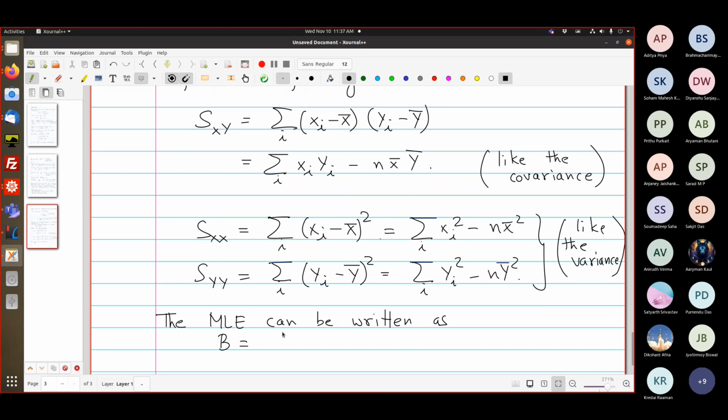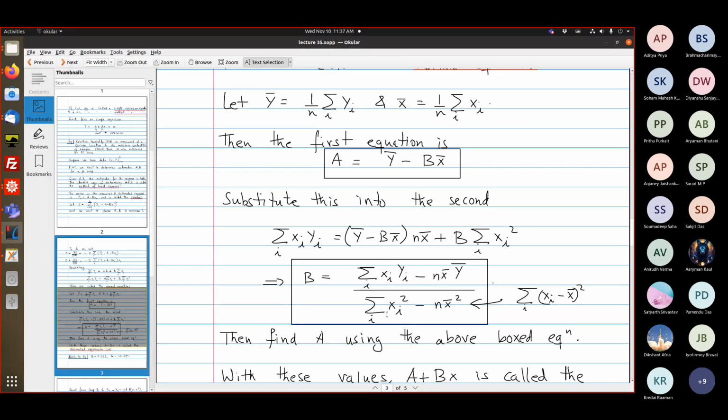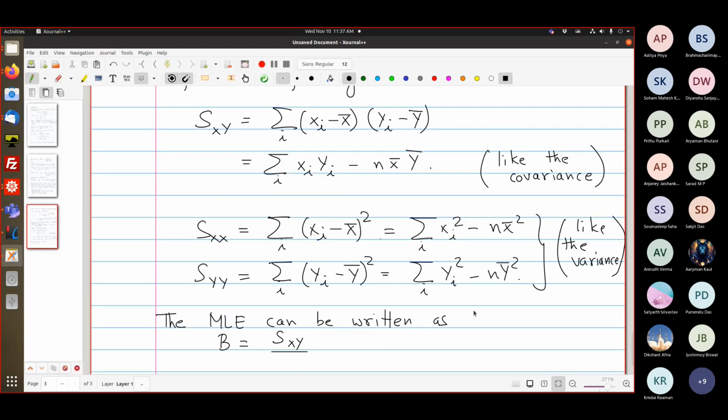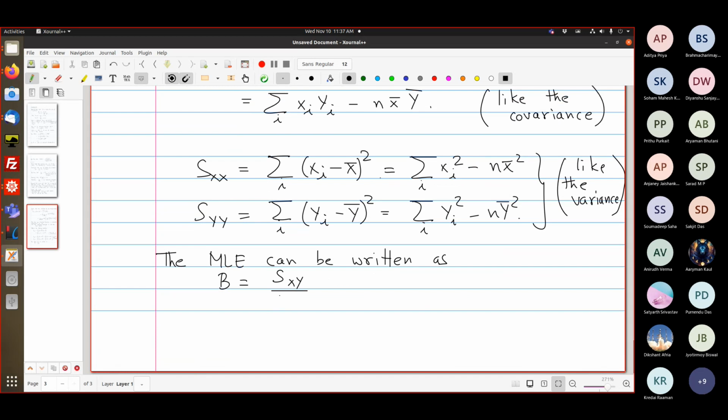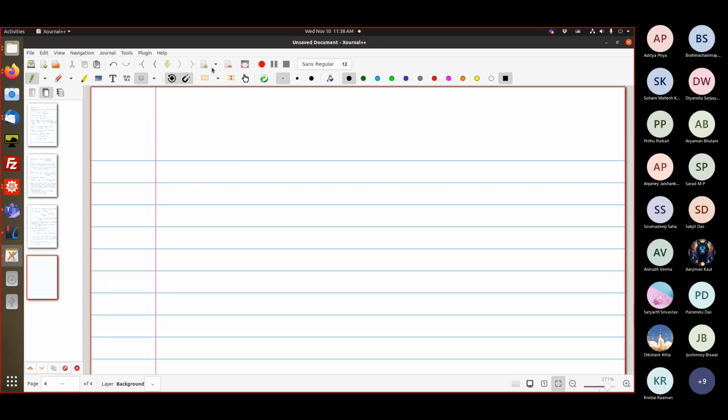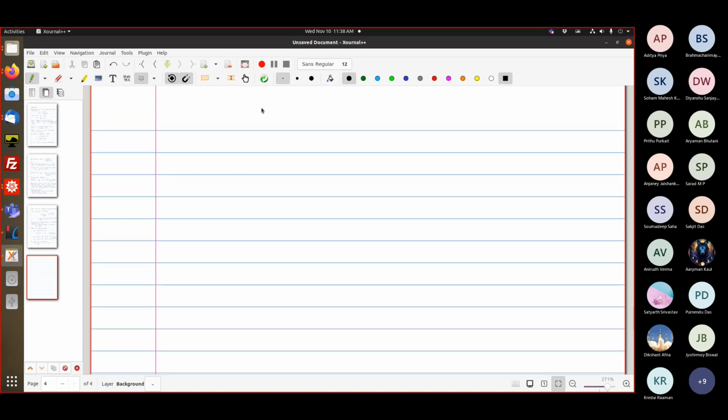So B is Sxy in the numerator divided by the sum of xi squared minus n x bar squared, and that's precisely Sxx. And A is just y bar minus B x bar, as we had earlier.